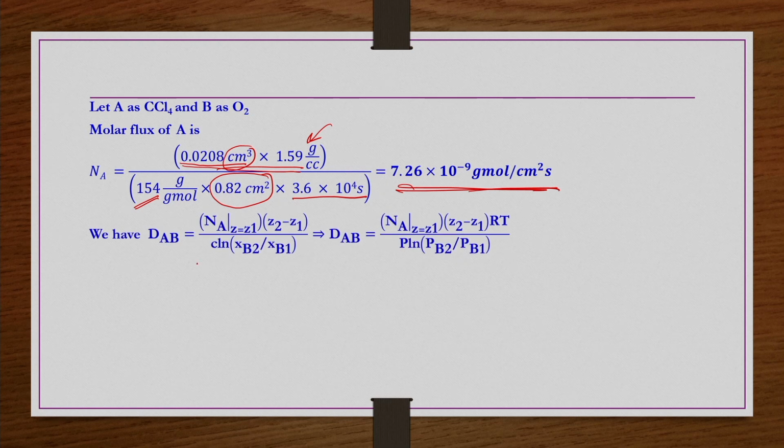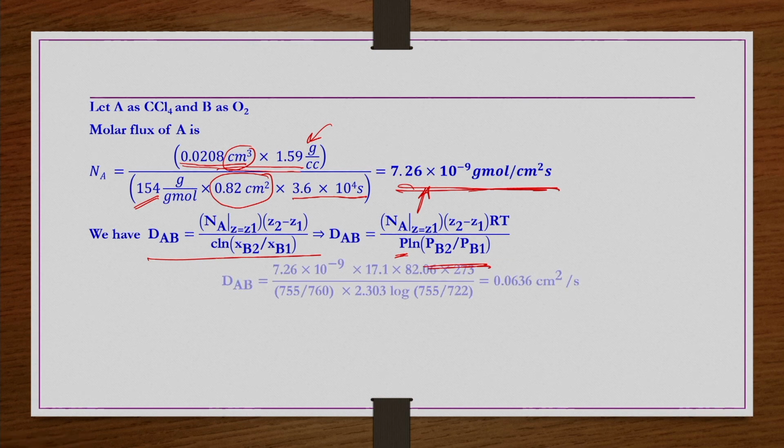Then DAB, from the equation that we have derived, is nothing but Na at Z equals Z1 multiplied by (Z2 minus Z1) divided by C ln(XB2/XB1). Na at Z equals Z1 is this quantity, 7.26 times 10 to the power minus 9. Z2 minus Z1 is 17.1 centimeter. C we can write as P by RT, with ideal behavior, and XB2 by XB1 is nothing but PB2 by PB1.